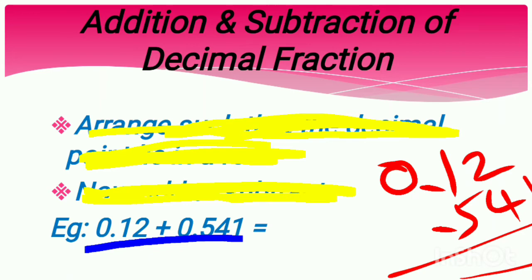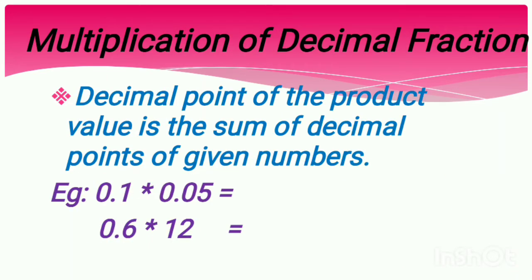Okay, next, multiplication. How to do the multiplication? Multiplication of decimal fractions is also easy. When we are given two numbers, you have to multiply the numbers forgetting the decimal point so that you will get some number, right? After that we have to keep the decimal point.